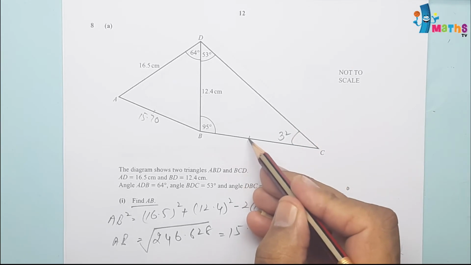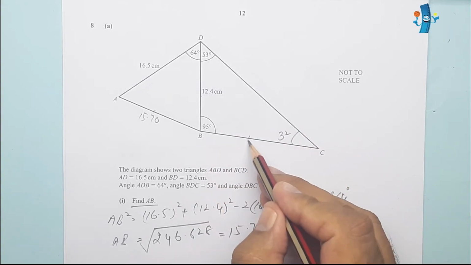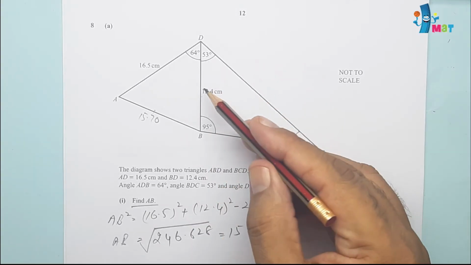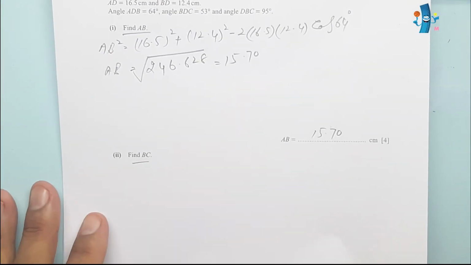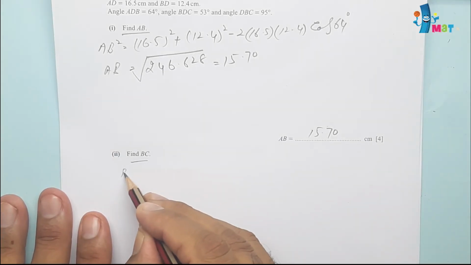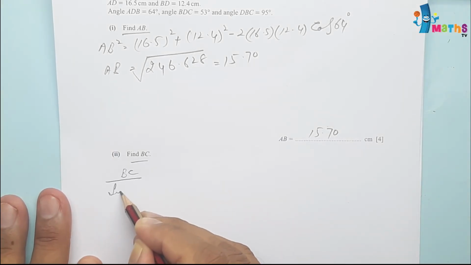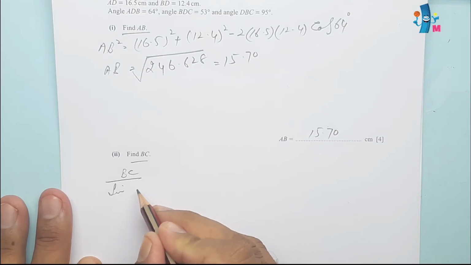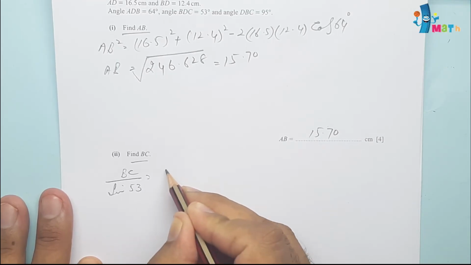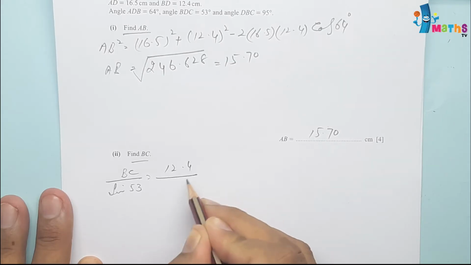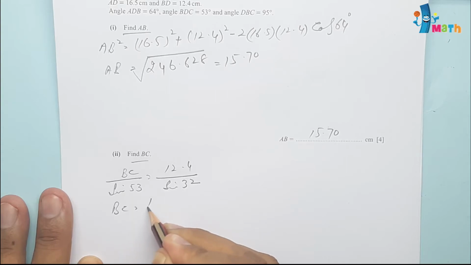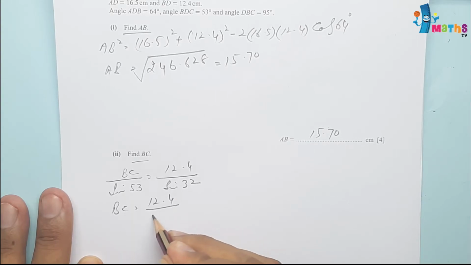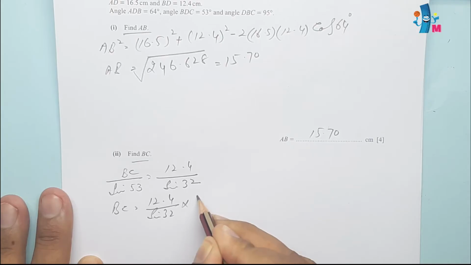Now we can use sine rule. This side we have to find, so this over sine 53 will be equal to this over this one. So we will write BC over sine of 53 is equal to 12.4 over sine of 32. So BC will be equal to 12.4 over sine of 32 multiplied by sine of 53.